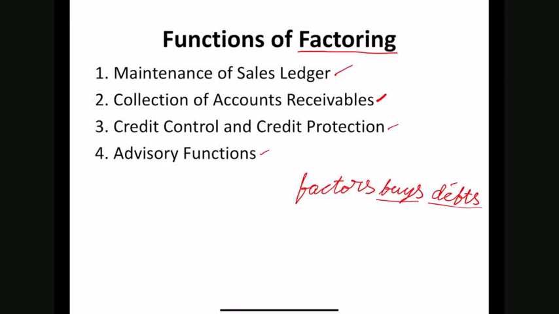He studies the economic conditions, trends in the market, understands the financial system and recommends what to do and what not to do: which customers are good, which customers I have to rely upon, which customers I should not rely upon, how much credit I should sanction, and at which times I should or should not sanction credit.